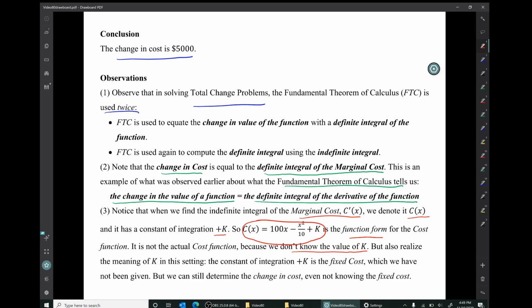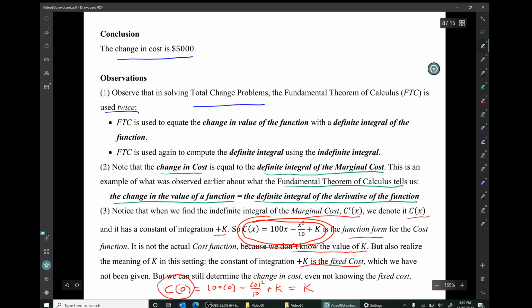But also realize the meaning of capital K. The constant of integration in this setting is the fixed cost, because notice in this formula for the function form, capital C parentheses x, when you substitute in x equals 0, you get C parentheses 0 equals k. But what does C parentheses 0 mean?